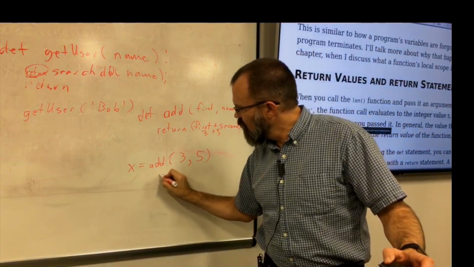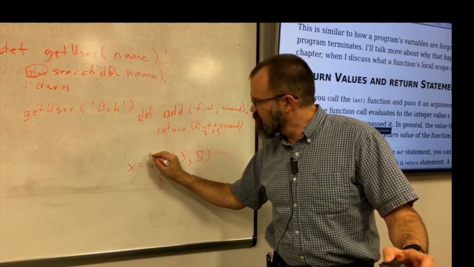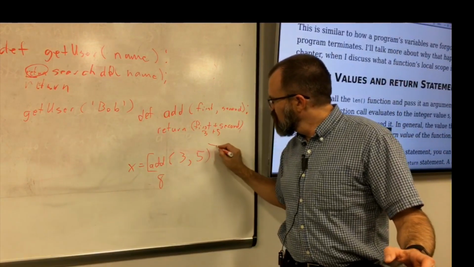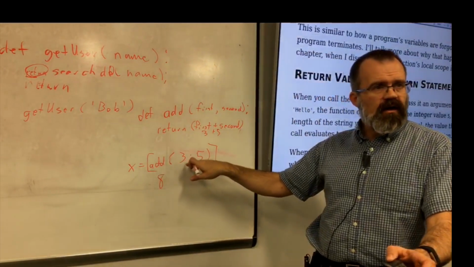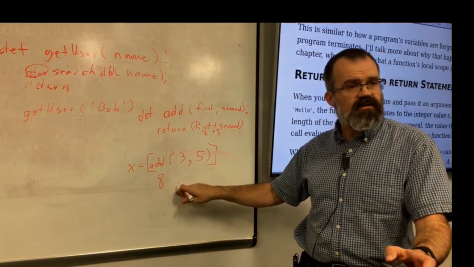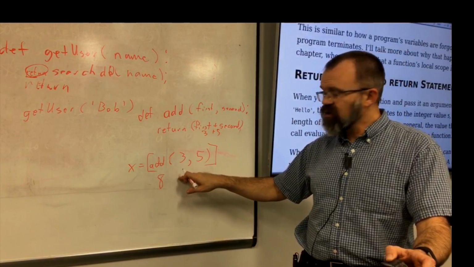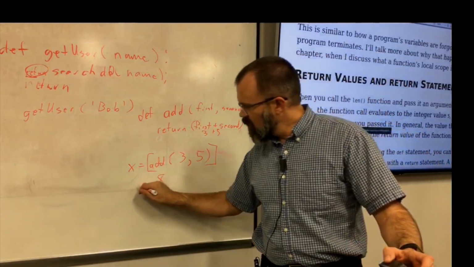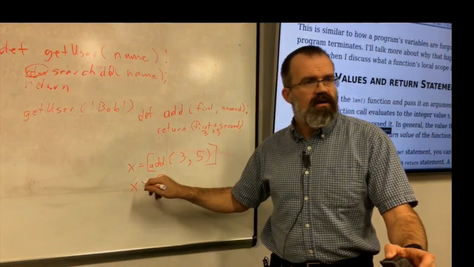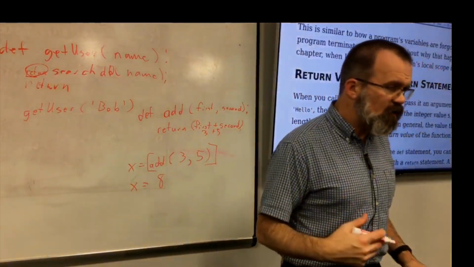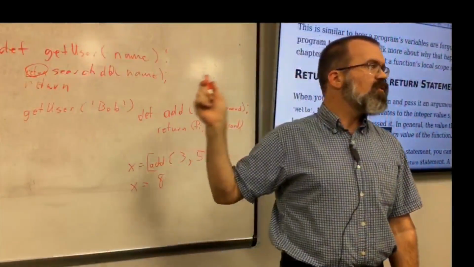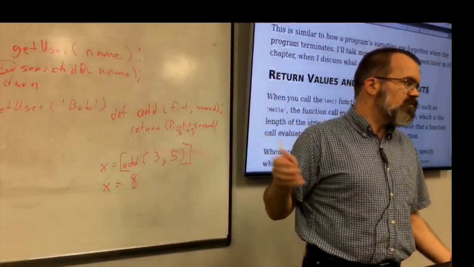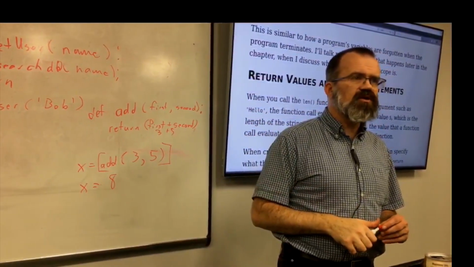It'll return 8, and effectively say that the value of this entire add operation is 8. And that will be the value that comes back from add and is assigned to x. So functions that evaluate out to a value have return statements in them that return the value produced through the evaluation of the function.